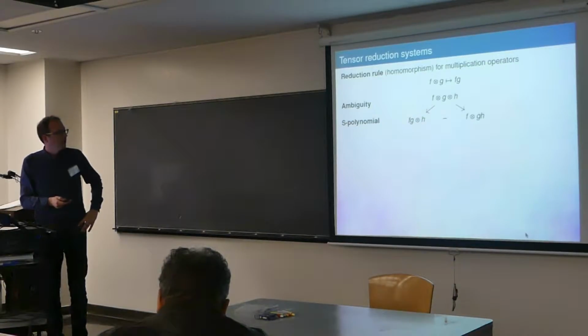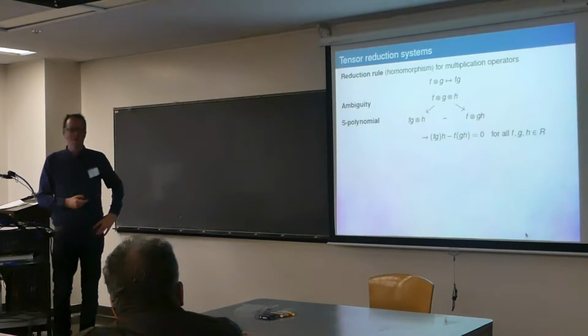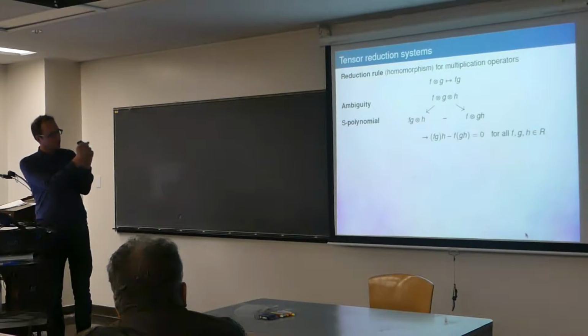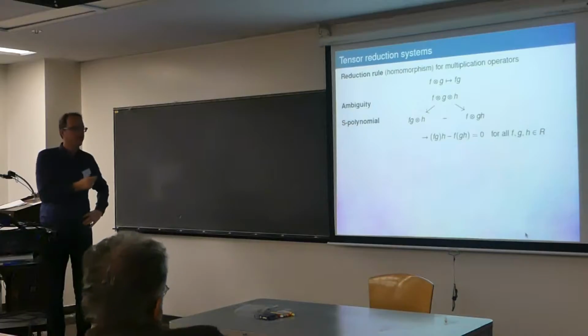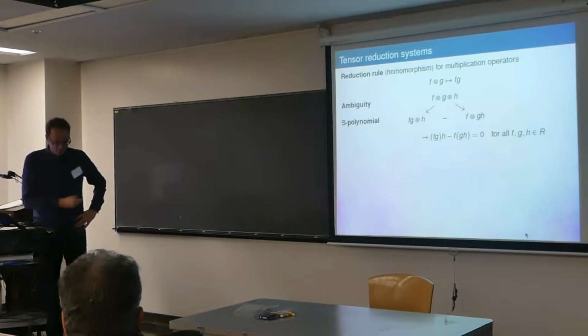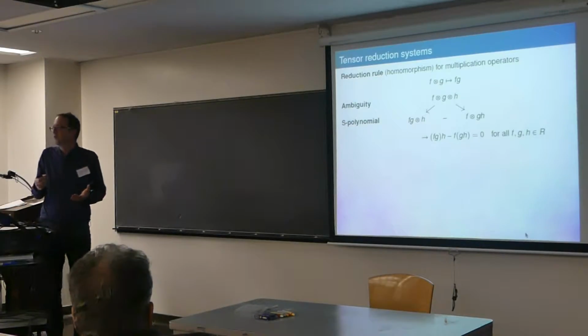And it's easy to see that since we have an associative algebra, if we look at these S polynomials and then reduce again both sides by applying one more time our reduction rule, we get this, and we denote this reduction by an arrow. So we get the expression below, and this is equal to 0 for all F and G and H just because of associativity.